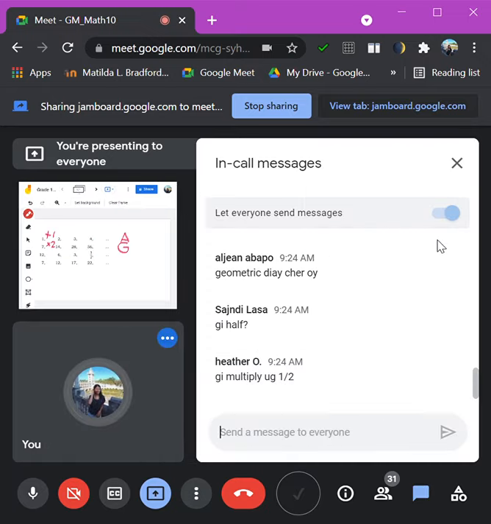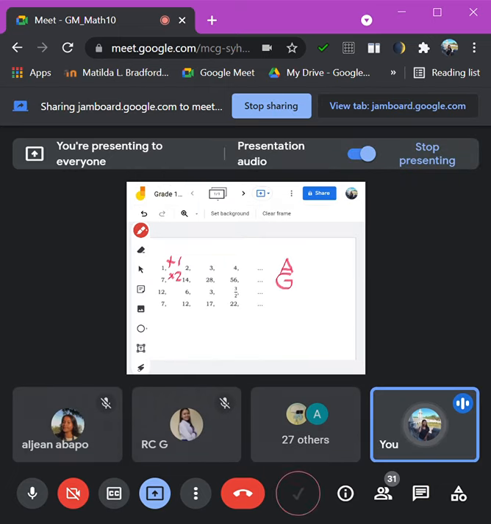Okay, we have from Heather. Gi-multiply og 1/2 class. Okay, times 1/2. So, dili lang ta mag-use sa division nga word since when we say geometric, that is multiplication. So, you will have there times 1/2.